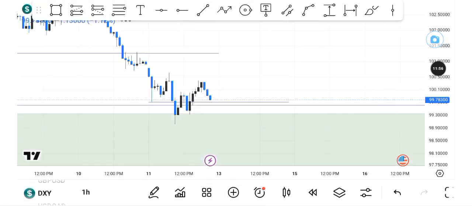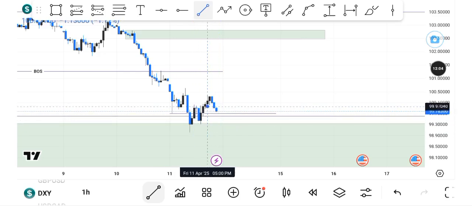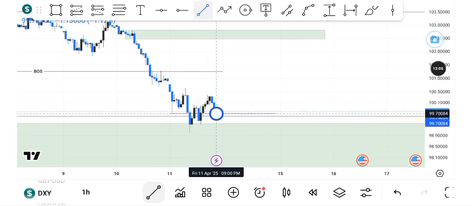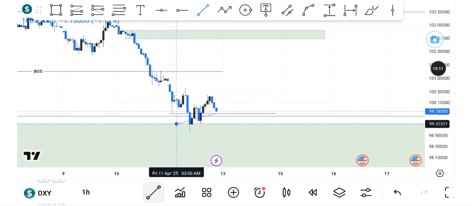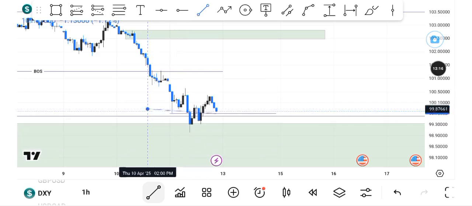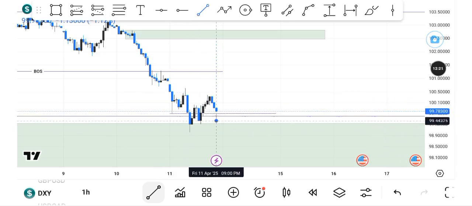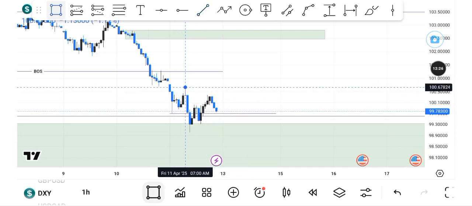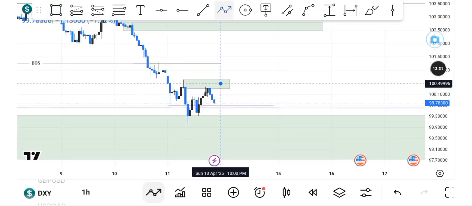When we keep on refining further on the 1 hour, we see something like a market structure shift, the last break to the downside, but it's not yet clear because it has reacted on a supply zone on that last order block candle above. So we still expect, if the market comes back inside this order block or the breaker and then pushes higher, then we say that now buyers are in.